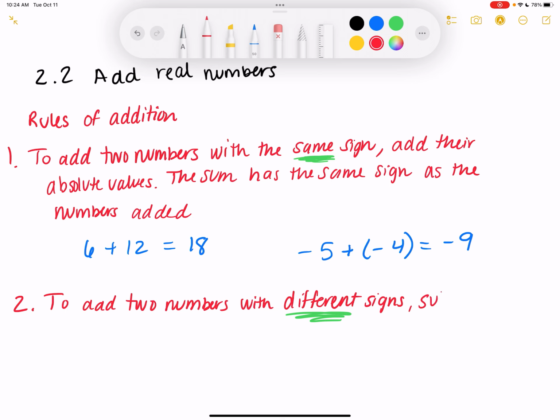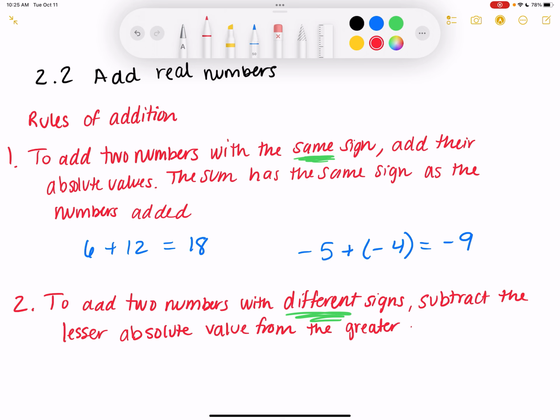Subtract the lesser absolute value from the greater absolute value.